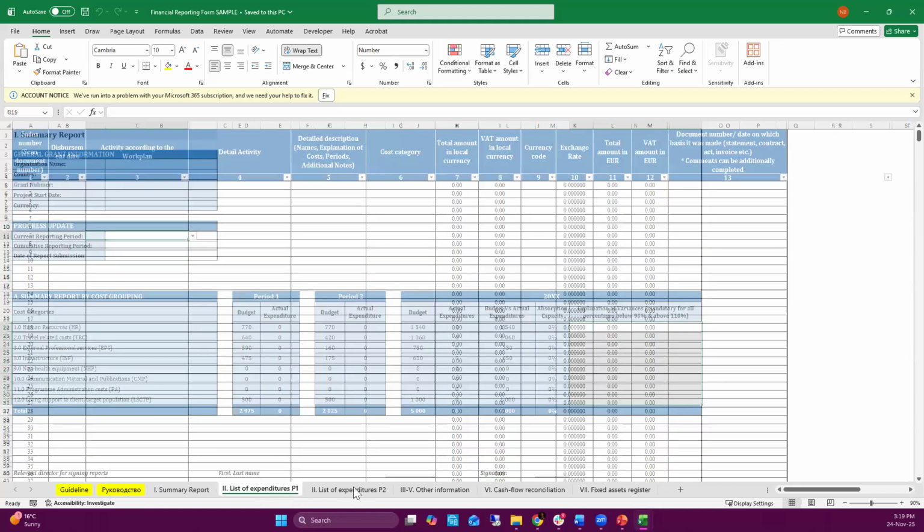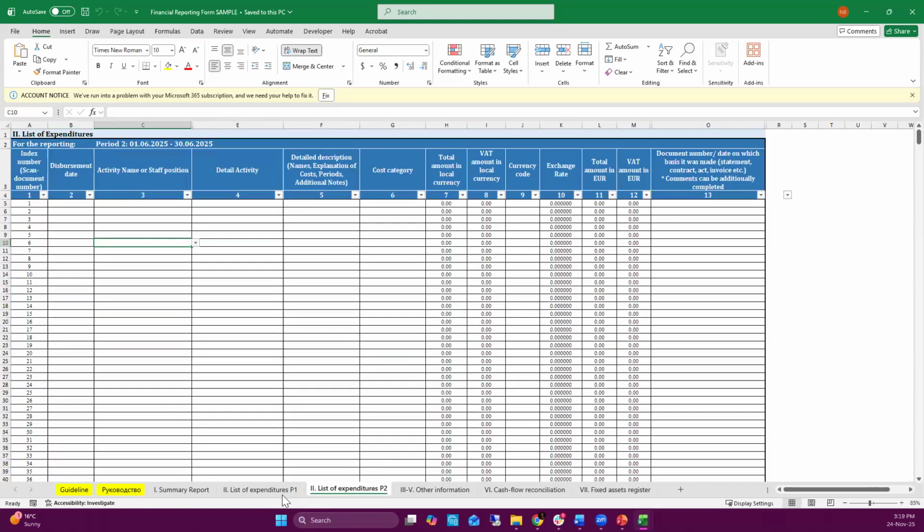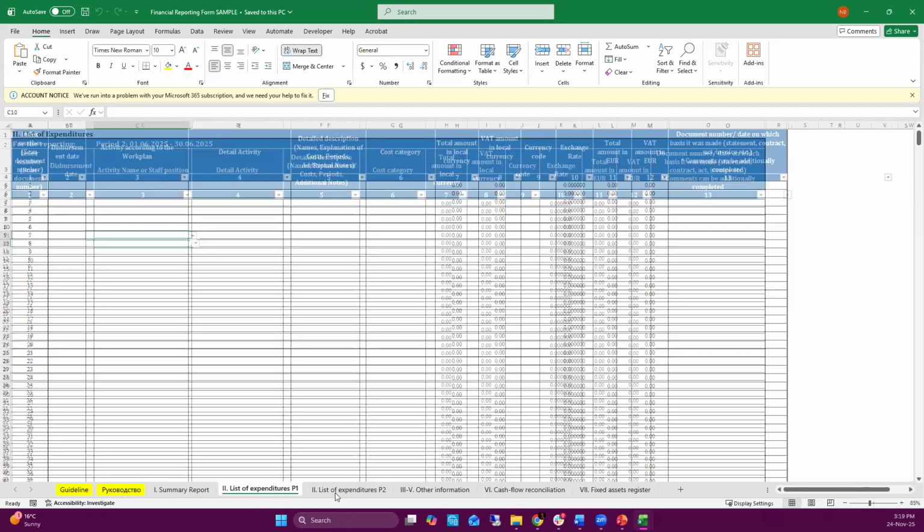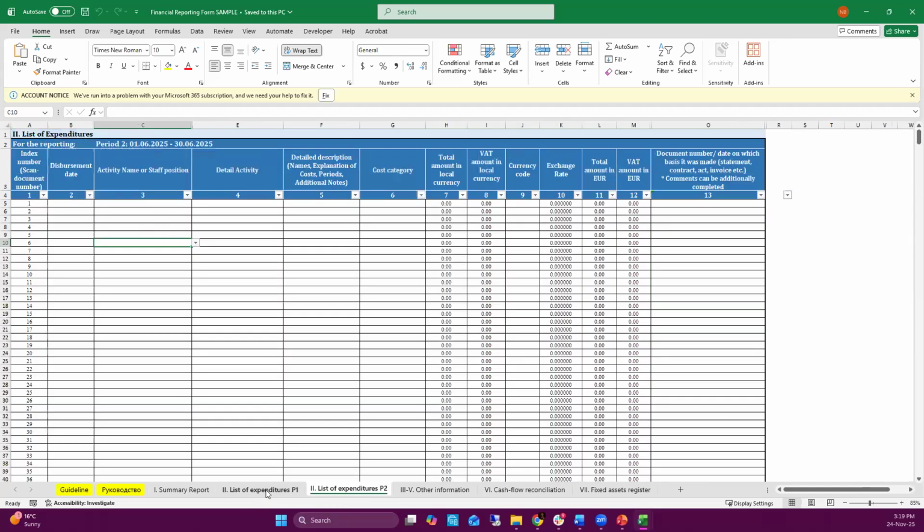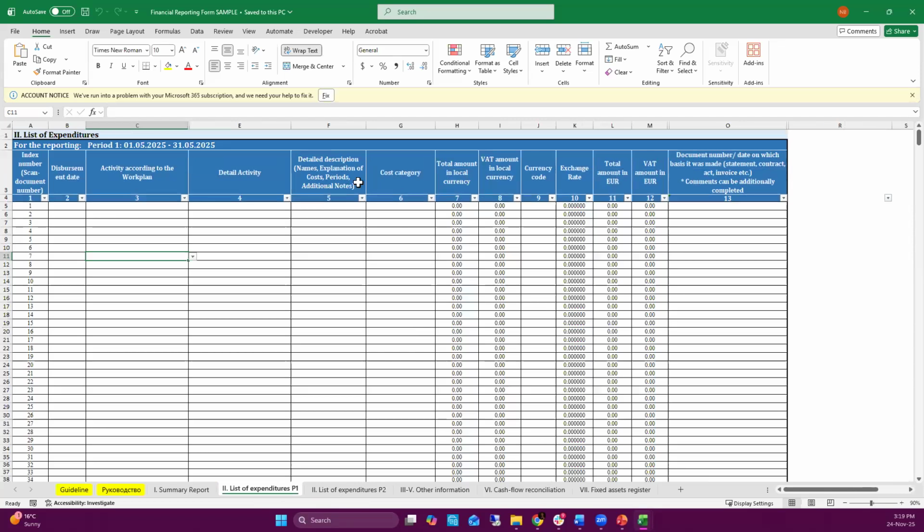Next, we have 2 pages, or there might be just 1 page, or there might be more pages. It all depends on your particular budget. So how many periods are considered in your budget? How to fill out this form, this table, I will speak about it later.